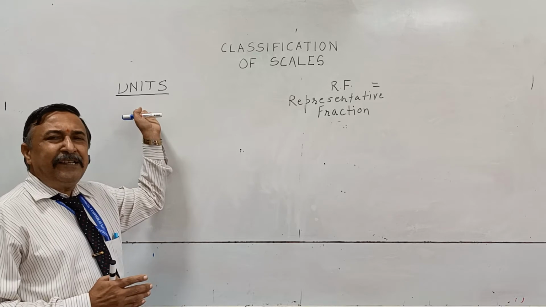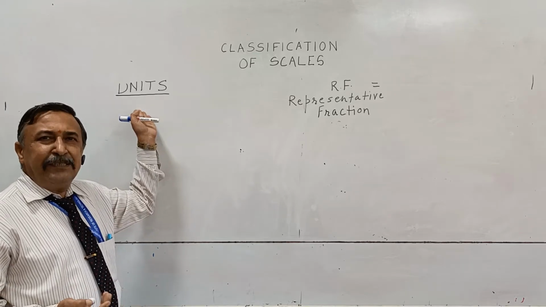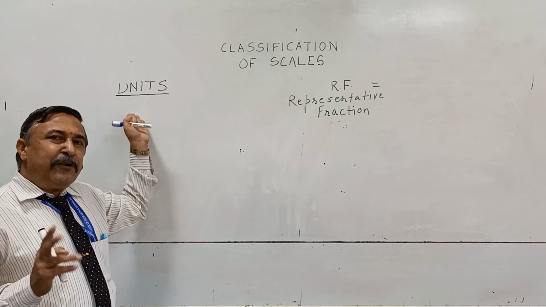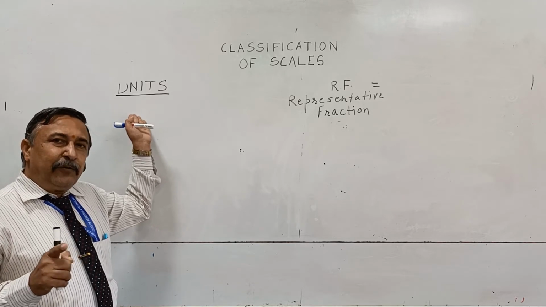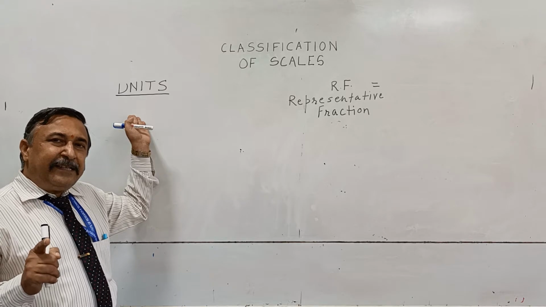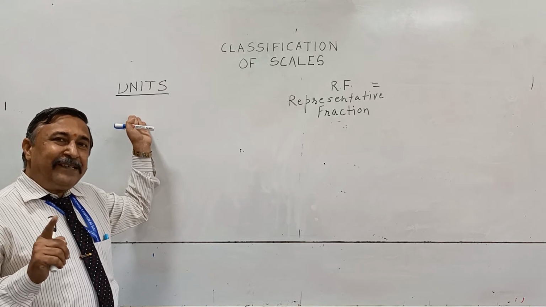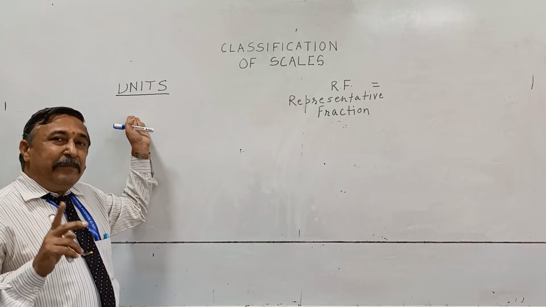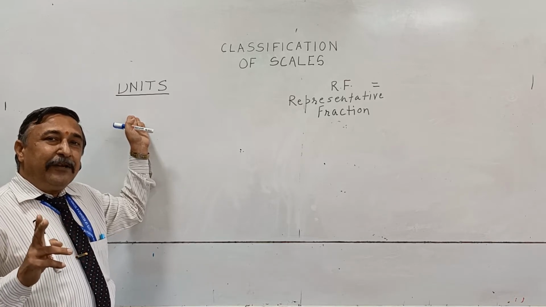Unit is a very familiar word. In your scale, there are two units, centimeter and millimeter. So millimeter and centimeter are units.